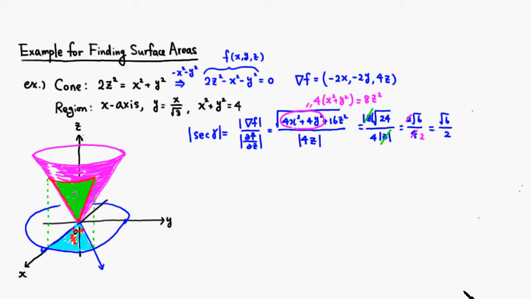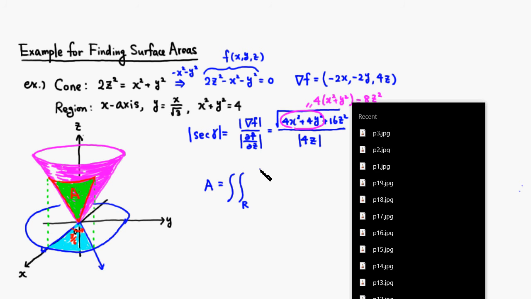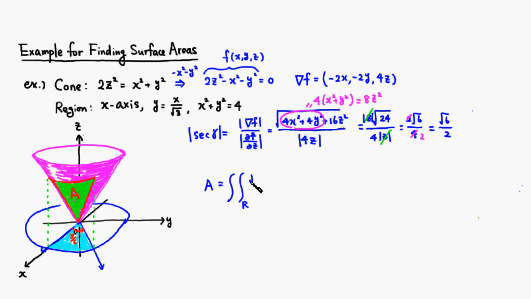Then all you really have to do is find the area that we're interested in. So this area is equal to the integral over this pie-shaped region, which I'll call R, of square root of 6 over 2 dx dy.